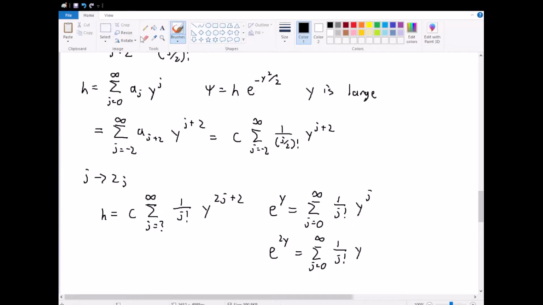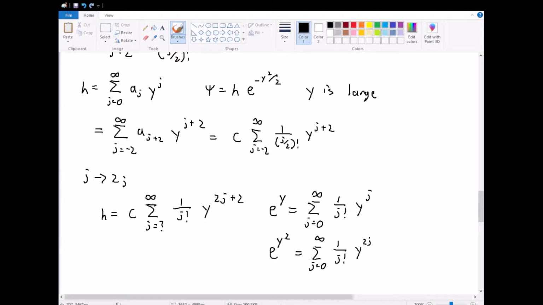Or, sorry, my apologies, I just realized I messed this up. It's e to the power of y squared. e to the power of y squared is going to give us y squared to the j, which is just y to the 2j.